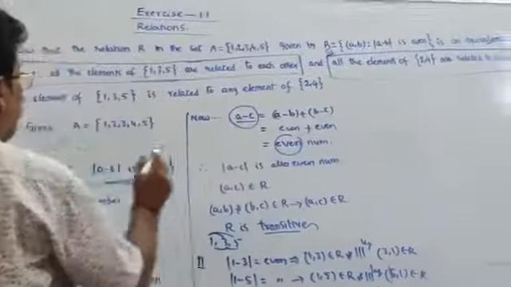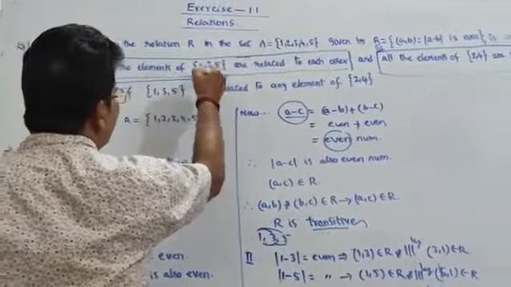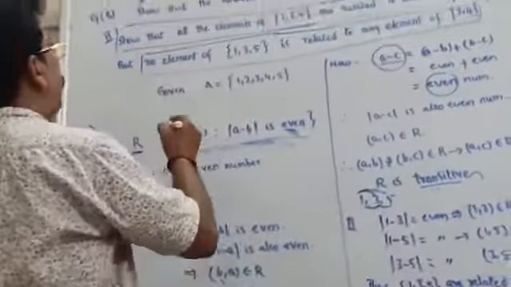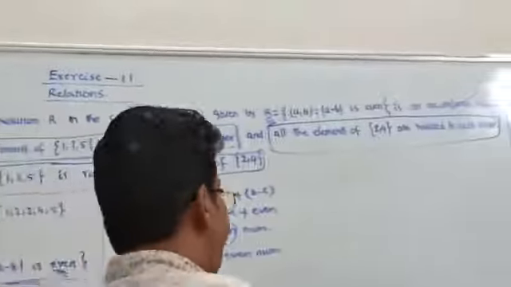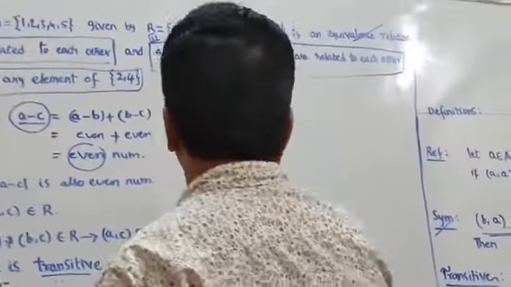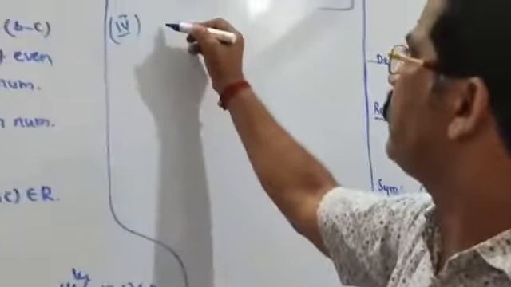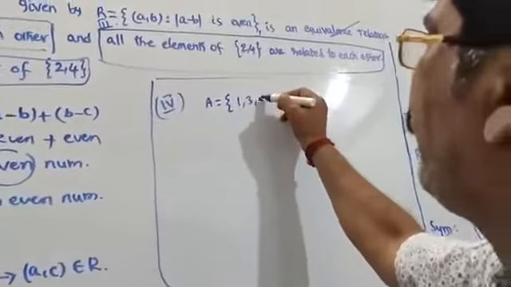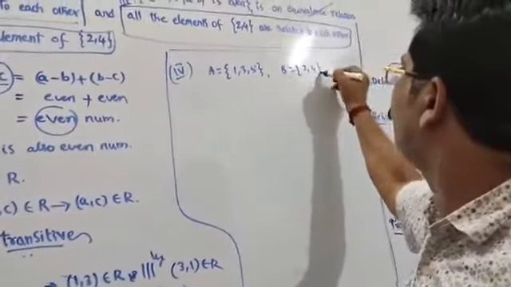Next, the last question: no element of {1, 3, 5} is related to the set {2, 4}. This is the fourth question, so look at the board. Let capital A be the set {1, 3, 5} and capital B the set {2, 4}.